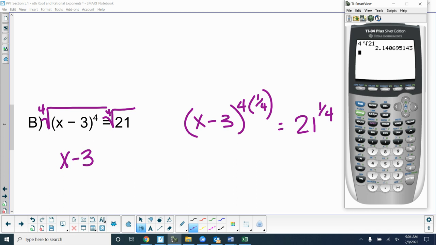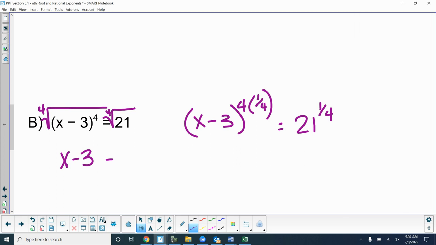So that's 2.14. So what's my answer to finish? 5.14. I have to add the 3, right? You guys know we still have to do that, right?